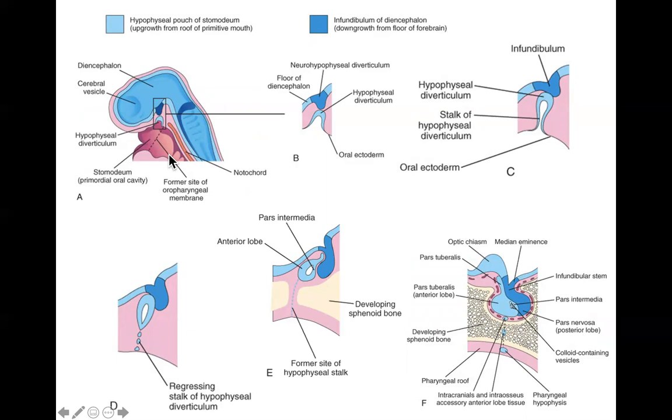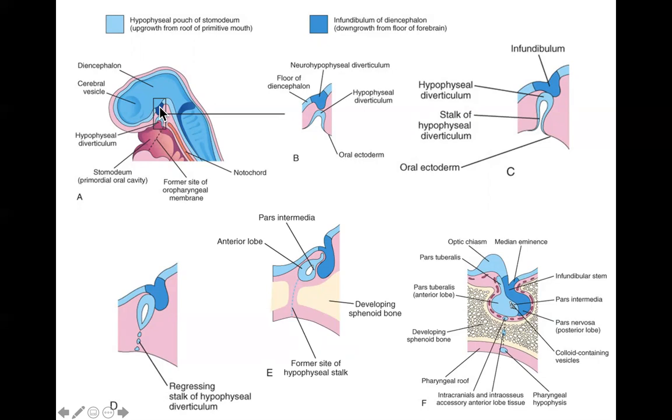So anyway, as the embryo folds, the infundibulum forms. So does this diverticulum in the stomodeum, and this is called the hypophyseal diverticulum. Now, this is made out of surface ectoderm in the mouth. This is surface ectoderm. This is neuroectoderm. That's going to be important later.